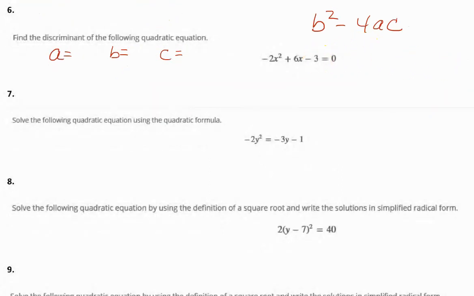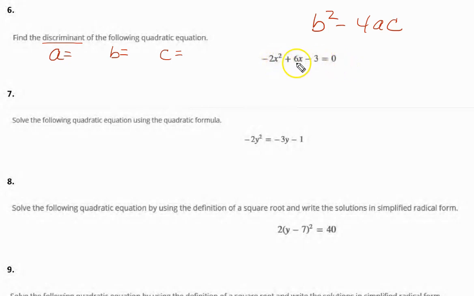Okay, now for number 6, we are particularly looking for the discriminant. And remember, the discriminant is what is under the radical sign in the quadratic formula. And is this in standard form? Yes, everything's on the left and it equals 0.